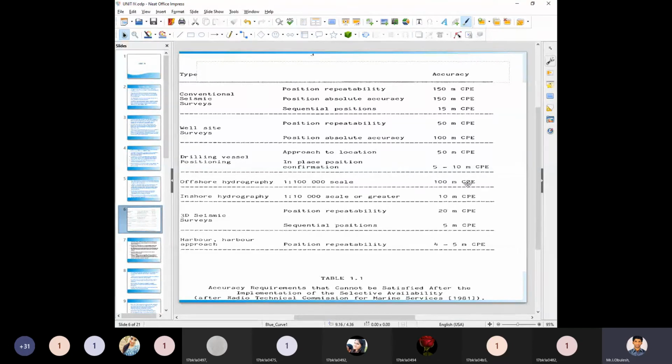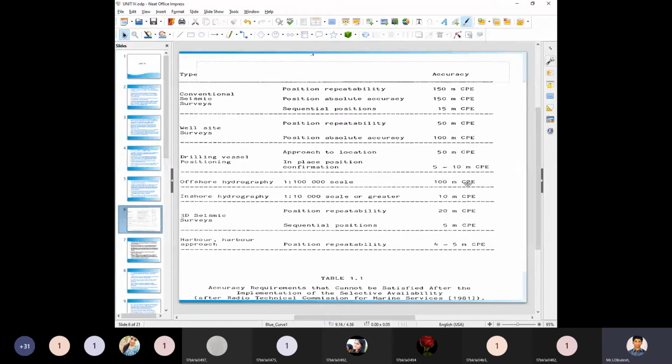Coming to drilling vessel positioning, the approach to location accuracy is 50 meters CP, and in-place position confirmation is 5 to 10 meters CP, circular probable error.